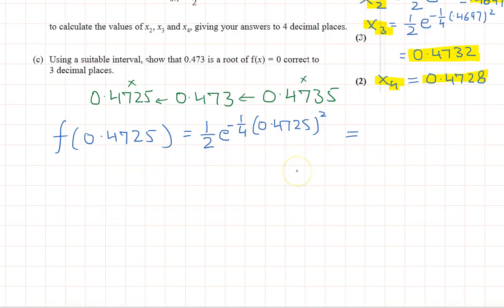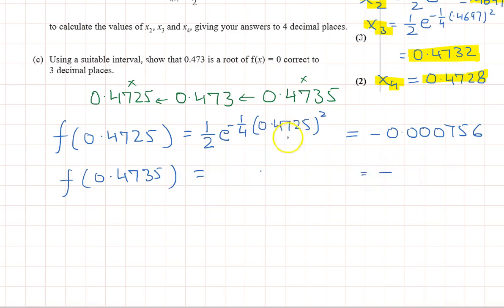So if you calculate, it will be minus 0.000756. And in the same way, if you calculate f(0.4735), using the same calculation, you will get plus 0.001594.